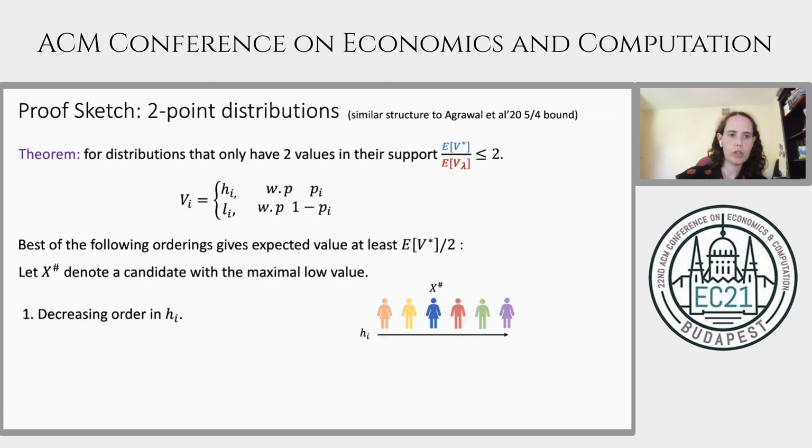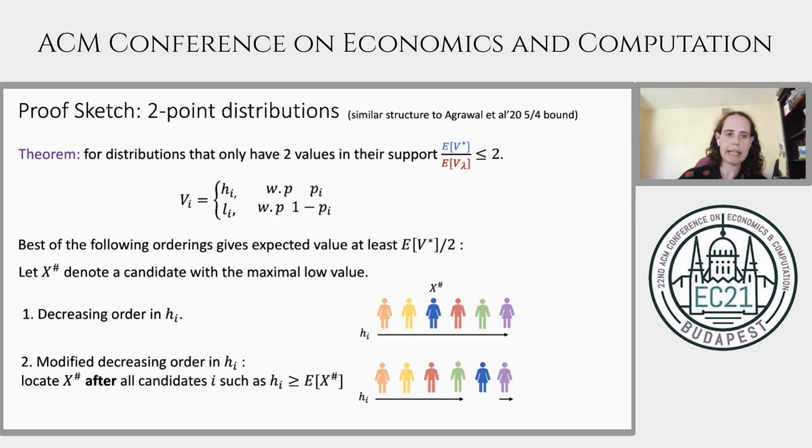So now we consider the 2 orderings. The first one, we simply order the candidates in decreasing order of their high value. So the blue candidate here is X sharp. And the second is we slightly modify this ordering and push the blue candidate X sharp to the right and put all the candidates such that H_i is greater than its expected value prior to it. Now, if the best candidate is prior to X sharp, then this candidate would be hired in both orderings.